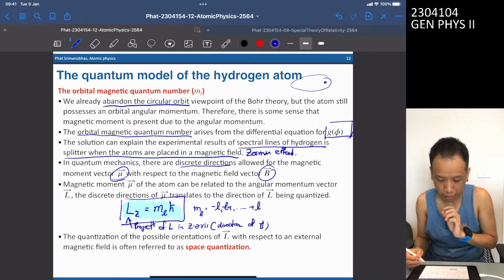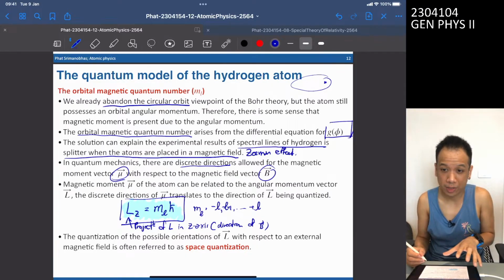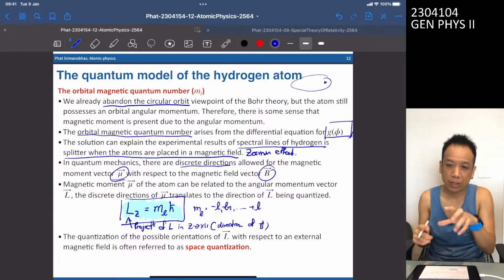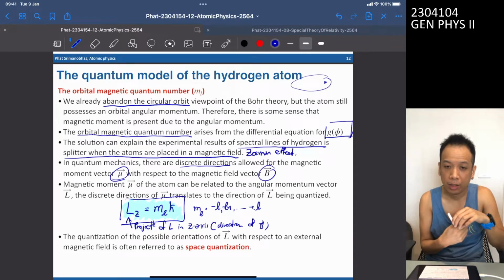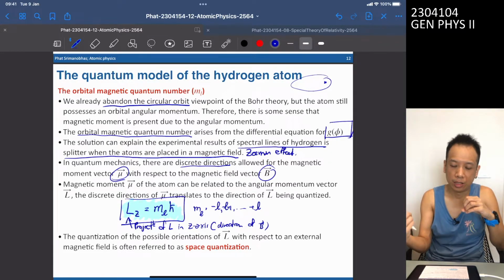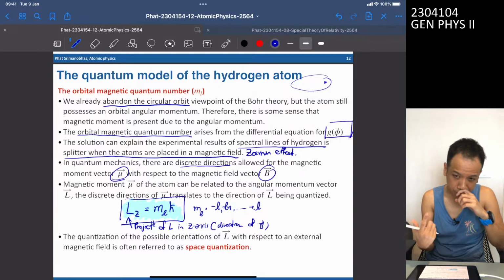Let me go slowly and go again just to make sure you understand the concept. The electron is moving in a circular path, in a closed loop. Let's say it creates a current, so it creates a magnetic moment.